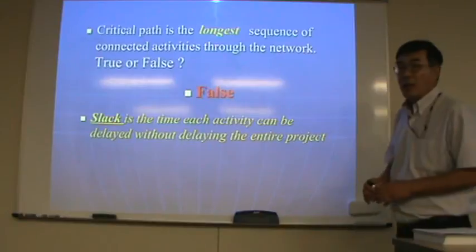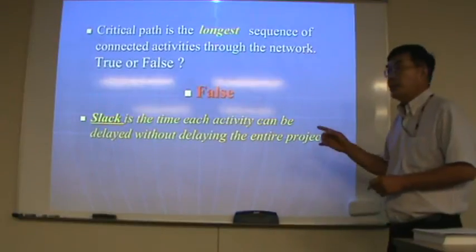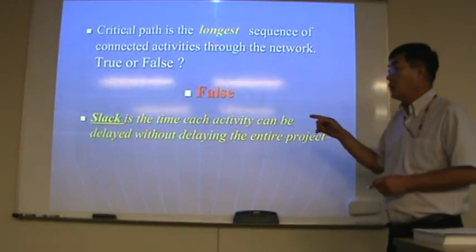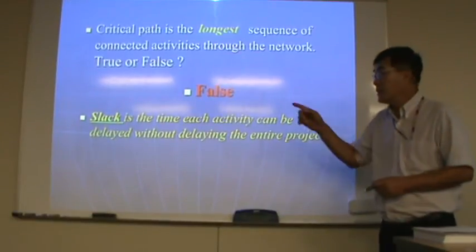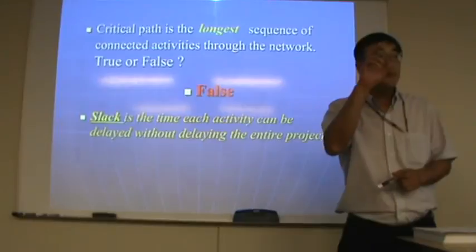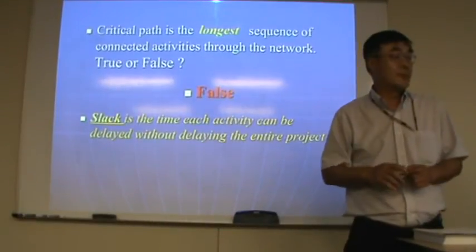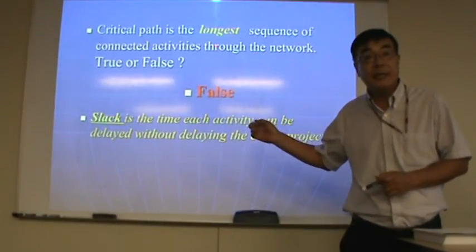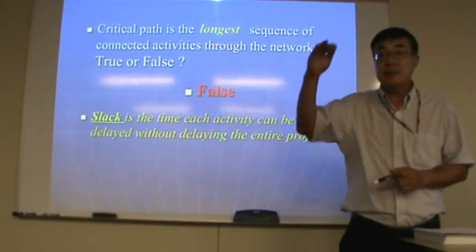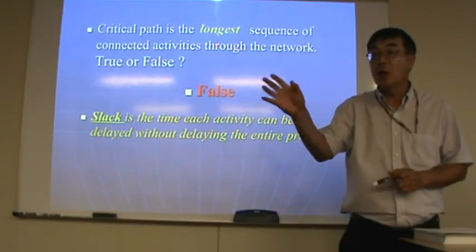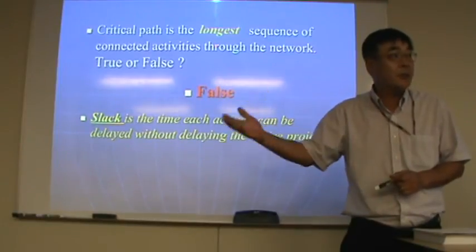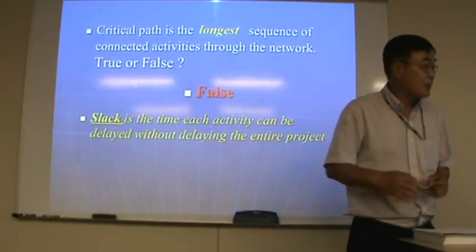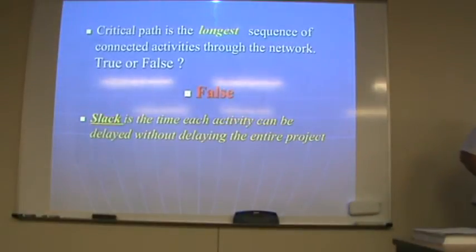Slack is the time each activity can be delayed without delaying the entire project. Slack is spare time, like activity D. Activity D has a set of allowed start and finish times without delaying the entire project, right? The spare time is slack.